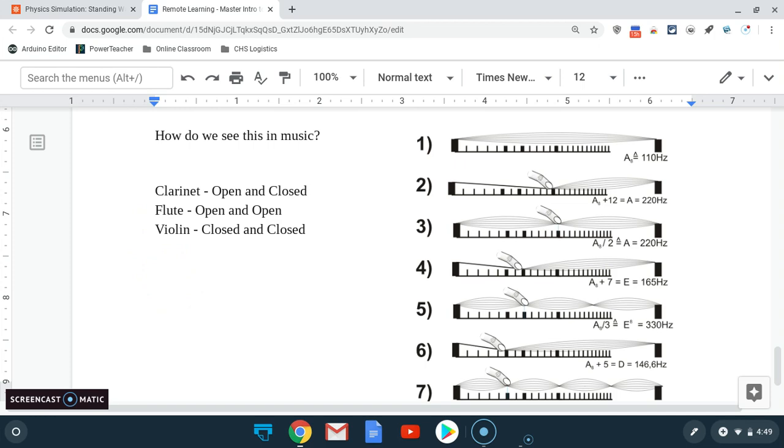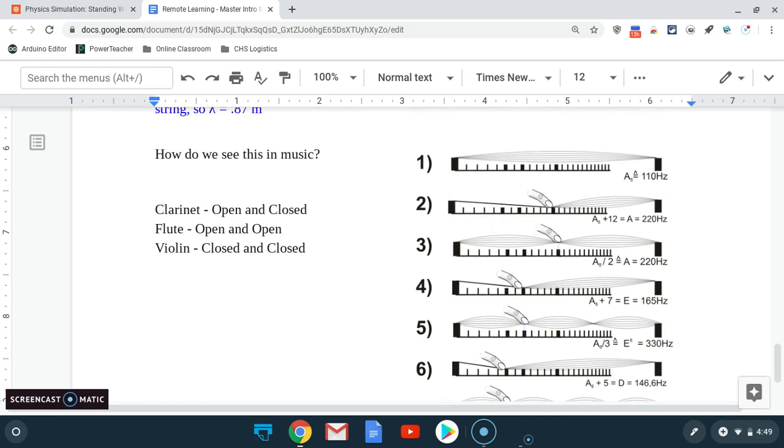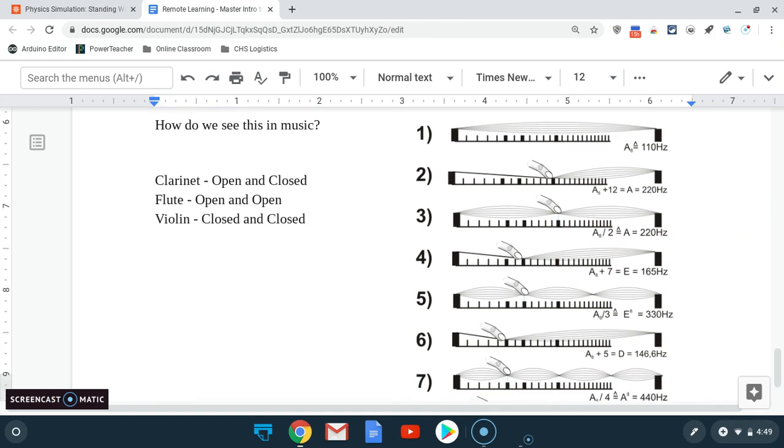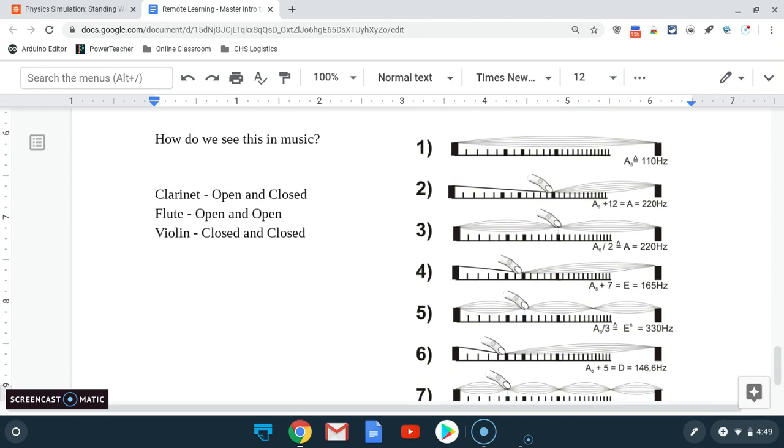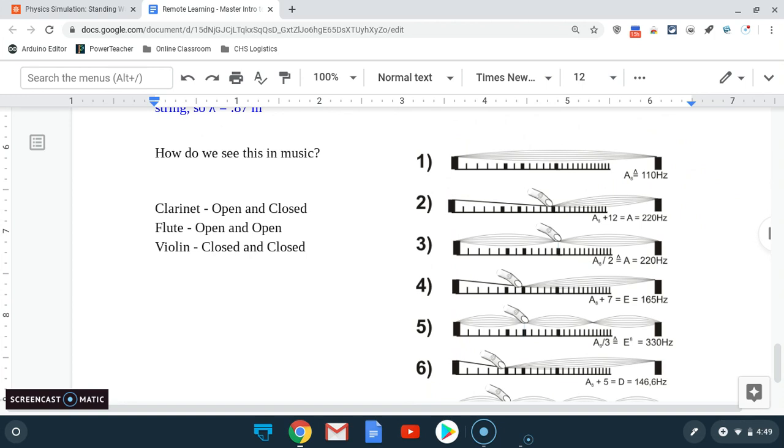You'll notice off on the right side, I've put a little diagram of different ways to produce different notes. While I'm not saying you should become a violin player, though playing a violin is a very admirable thing to do, and I wish I could do it, the reason I include this is because it shows what the string looks like when you're playing different notes, and what you can do to create these notes.